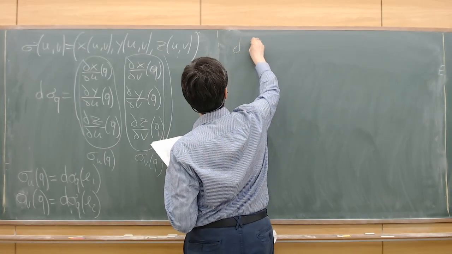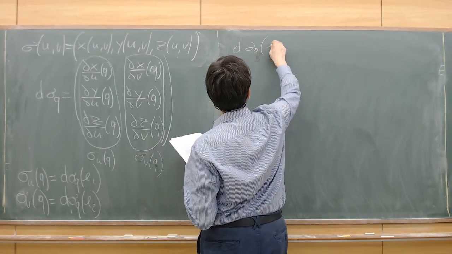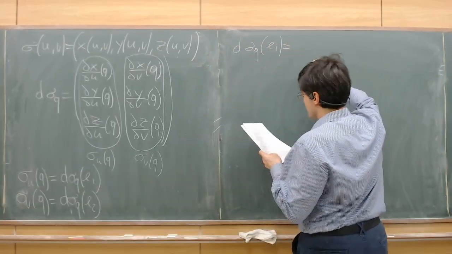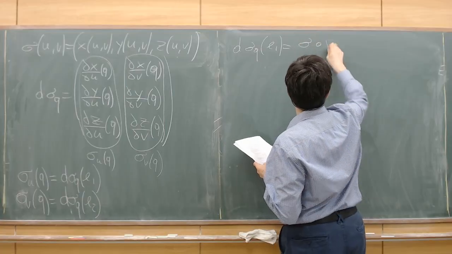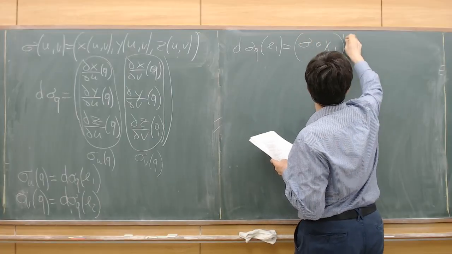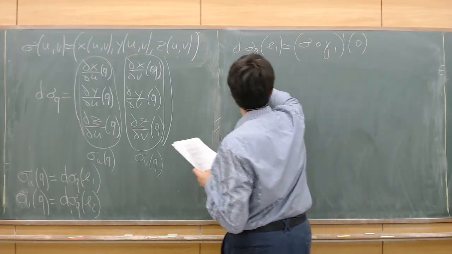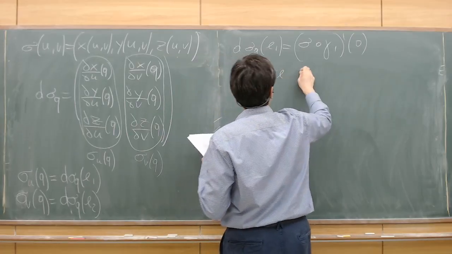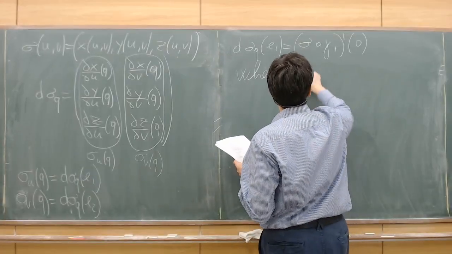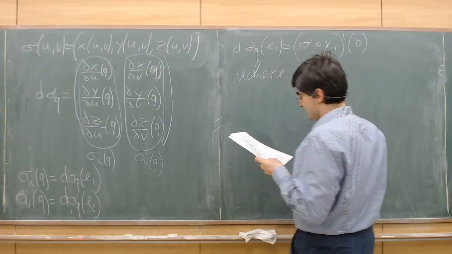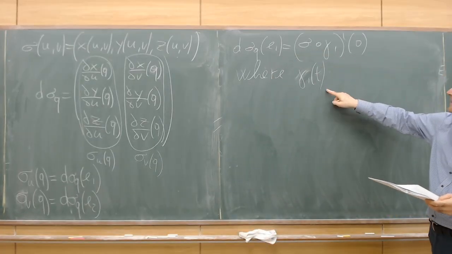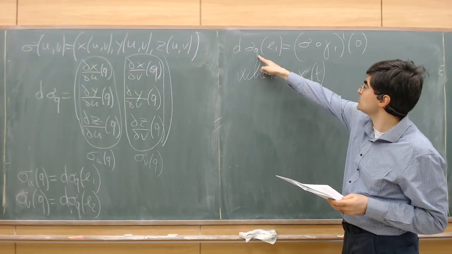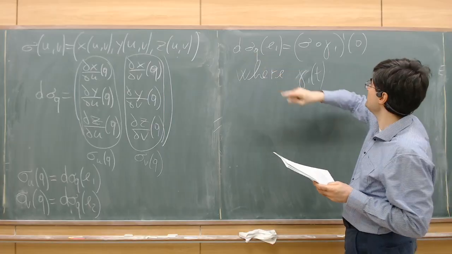D sigma q e1 is the derivative of sigma composed with gamma 1 at 0, where gamma 1 of t is a curve passing through q with initial velocity given by e1.